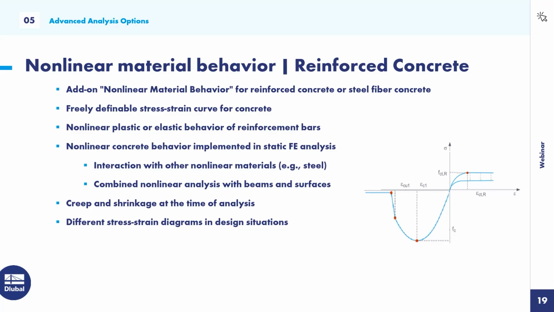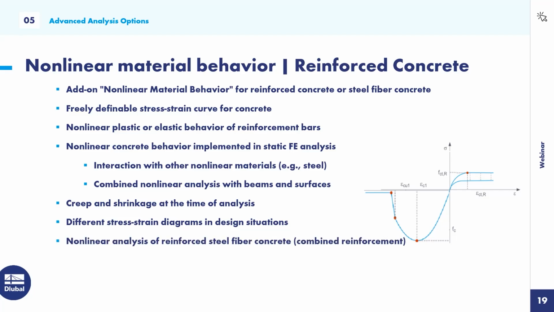For example, if we calculate some steel fiber slabs, then in RFEM 5 it was necessary to split it in two files, one for the ultimate limit state, one for the serviceability check. In RFEM 6, it is not necessary. You can do it in one file and switch the stress strain diagram or the material, of course.